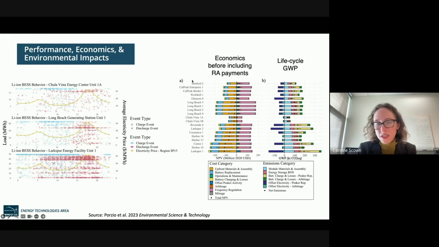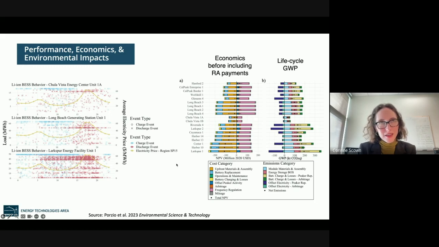And then we looked at all of these different facilities and figured out which ones would make the most sense. Now, the caveat here: we have this net present value, so anything higher than zero should be good, right? But you will notice that a bunch of these are less than zero, meaning you shouldn't replace these plants with batteries.